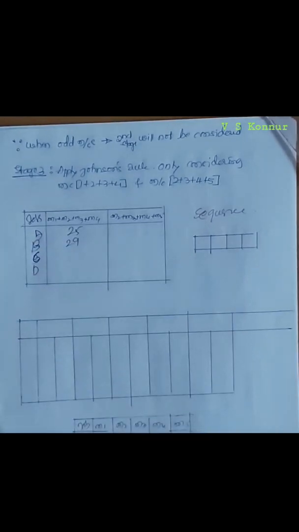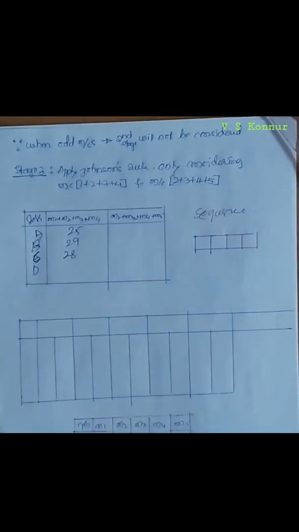So now we will add all these for M1, M2, M3 and M4. 9 plus 7 is 16, plus 4, 20, plus 5, 25. First one we will get as 25. Next, second one, 8 plus 8 plus 6 plus 7, 29. Next C, 28.